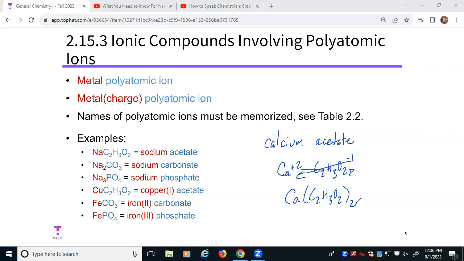So that IDE suffix change only applies to the binary elements. If I have fluorine or chlorine or oxygen or sulfur, that's where that IDE ending gets added on. Otherwise, if it's a polyatomic ion, it's been named as such for a reason. We're not going to mess with the ending of it.